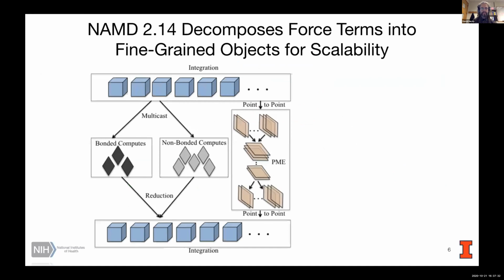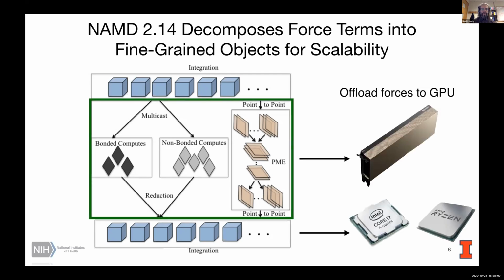So a lot of work has gone into NAMD to decompose these force terms into these fine-grained objects that then we can schedule and move around, load balance for scalability. And so when we've applied GPUs to do this calculation, we've offloaded forces to the GPU.